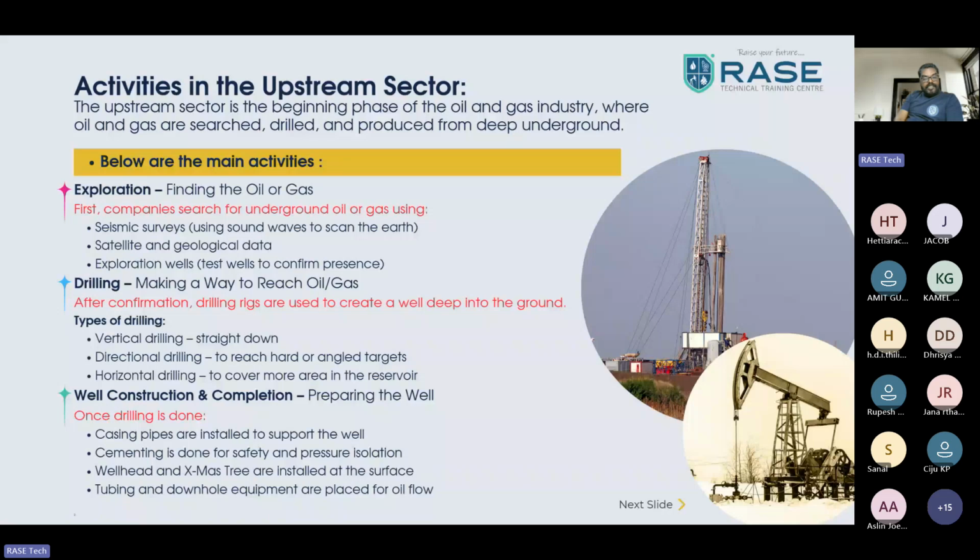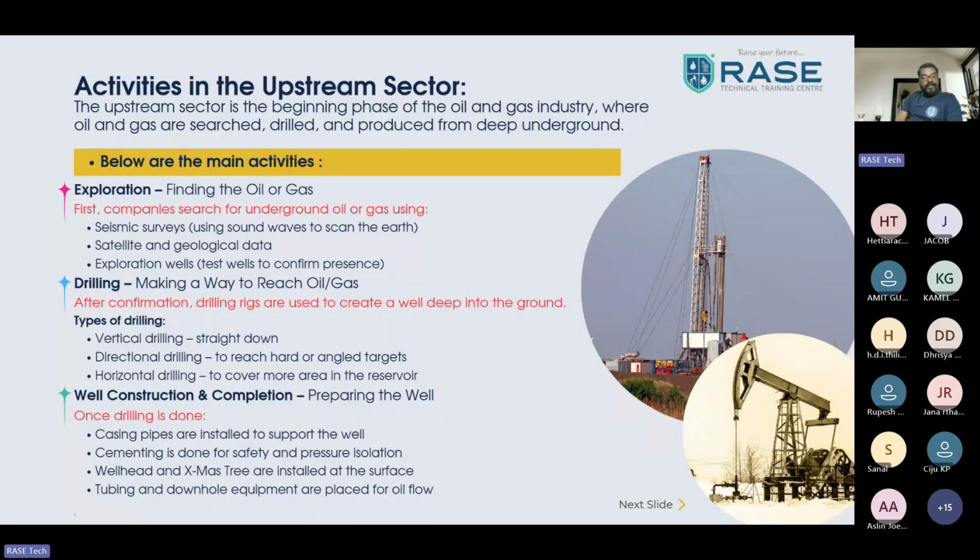Once the drilling is done, the casing pipes are installed to support the well. Cementing is done for safety and pressure isolation, and also for the strength of the casing. The wellhead and Christmas tree are installed at the surface as pressure control equipment.